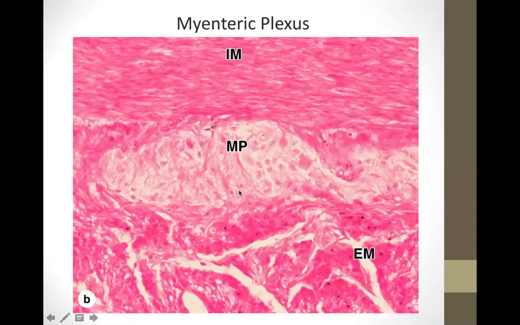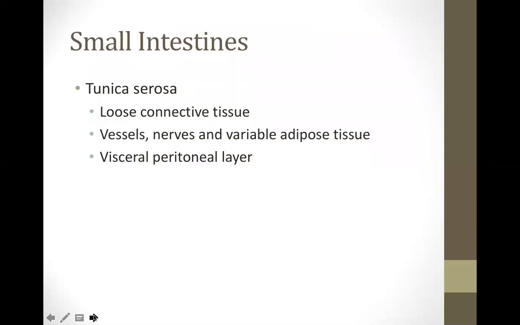Okay? You have your inner circular and outer longitudinal muscle, and your myenteric or Auerbach's plexus is in between the two. As I mentioned, when this is stimulated, the two will contract, producing your peristalsis or movement.